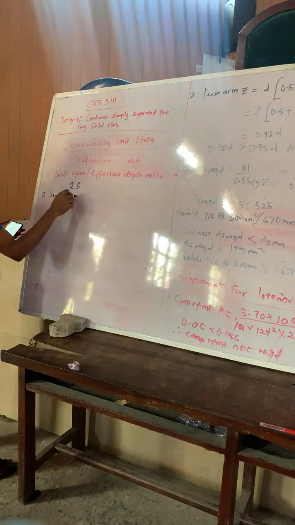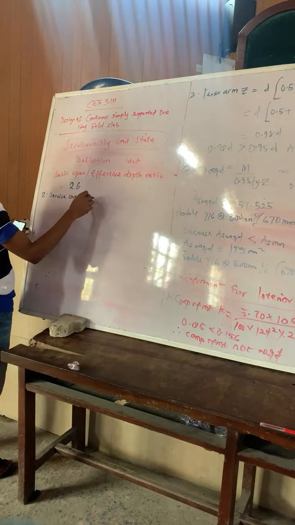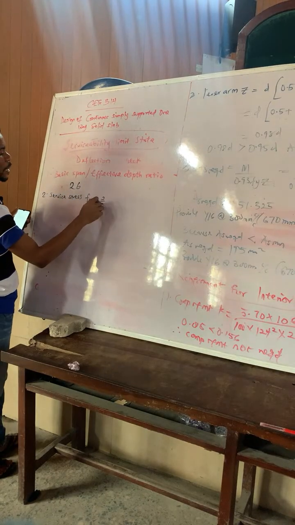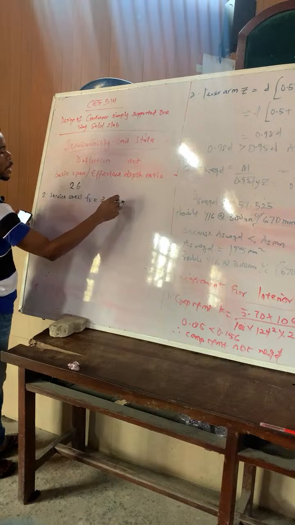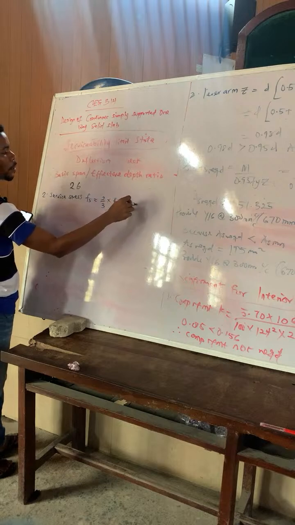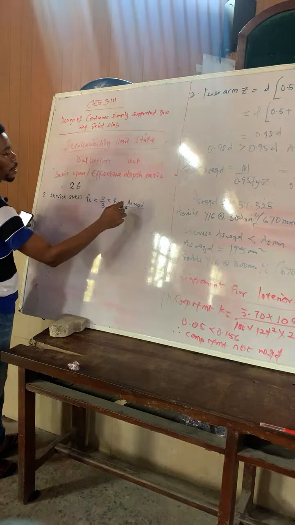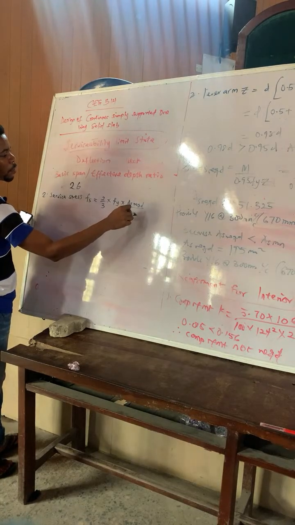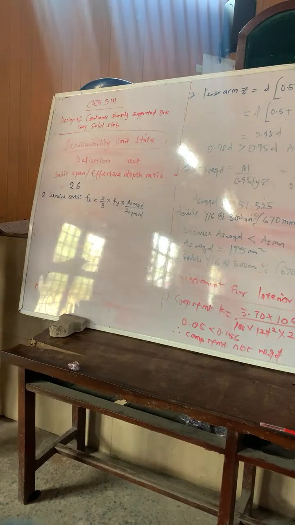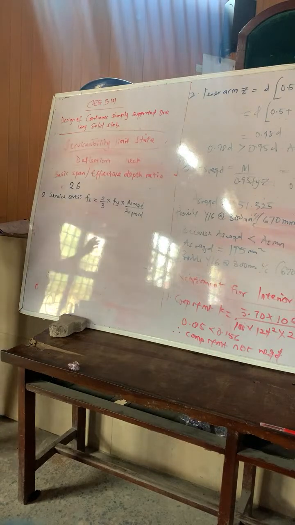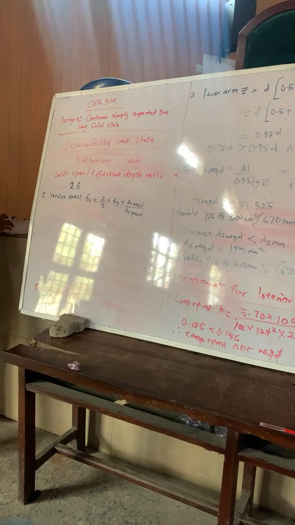Service stress Fs is equal to 2/3 times Fy times As required over As provided. That's the formula.